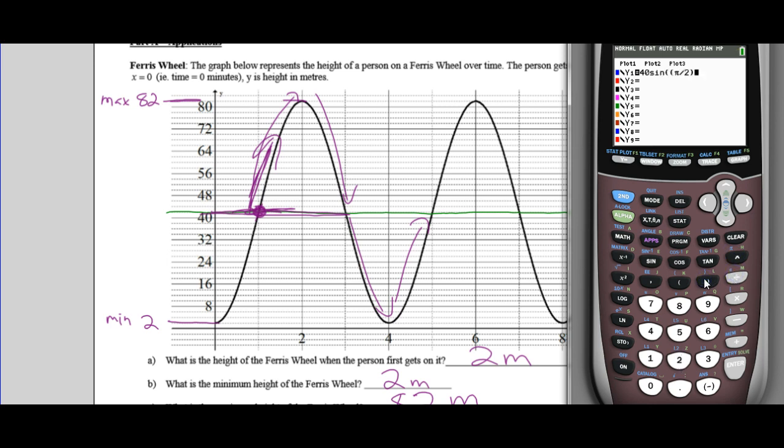Okay, let's close that bracket. Then throw the x in. Let's go minus, throw a bracket in and go second function pi divided by 2. Close that bracket. Close this bracket. And what was our d value? Plus 42. Okay, so I hit graph.